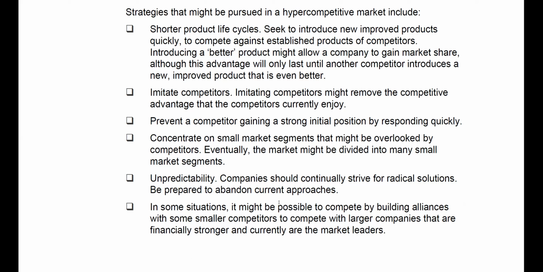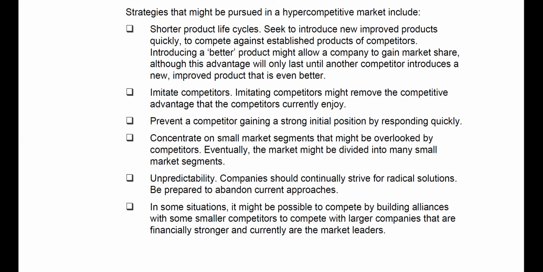Sometimes you can be unpredictable so that people cannot really copy you. So companies should continually strive for radical solutions. Be prepared to abandon current approaches and adopt a new one anytime, anyhow, anywhere, right? In some situations, it might be possible to compete by building alliances with some small competitors to compete with larger companies that are financially stronger and currently are the market leaders.